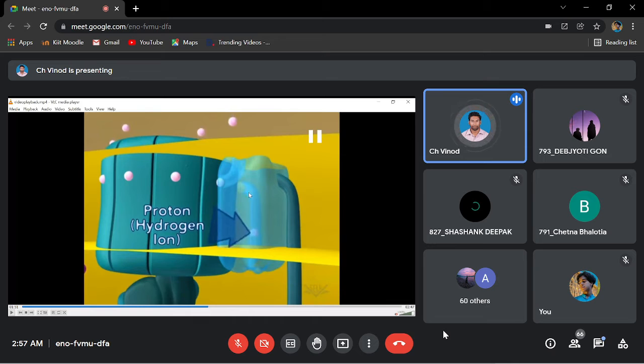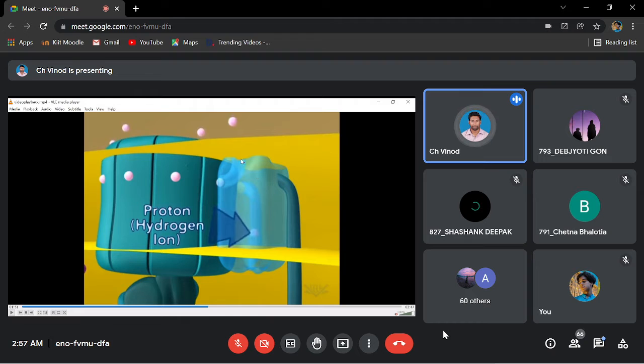As you can see here, this one is empty, which means you have a binding space for a proton. For whichever proton is coming inward, you have a place to bind that H. When the H binds here, the conformation of the backward protein changes, because of which it is going to leave one proton.